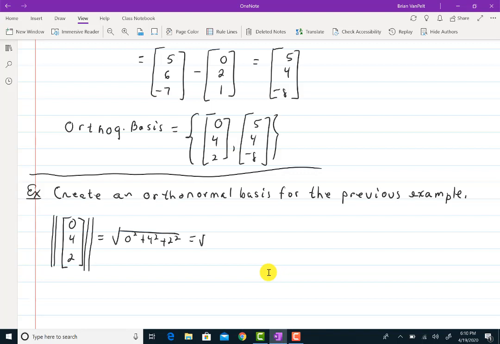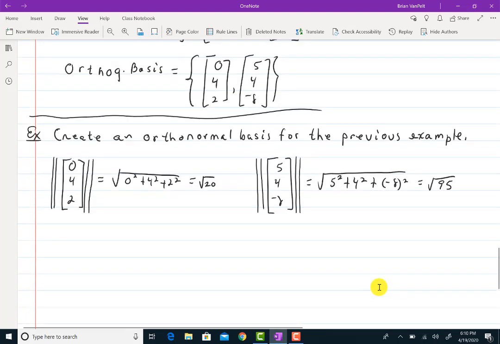That's the square root of 20. And then for the other one, 5, 4, negative 8, that equals the square root of 5 squared plus 4 squared plus negative 8 squared, which is 25 plus 16 is 41 plus 64 is 105.